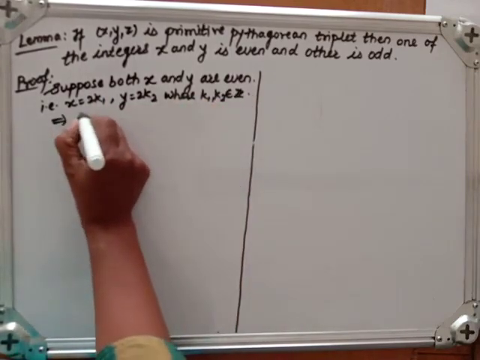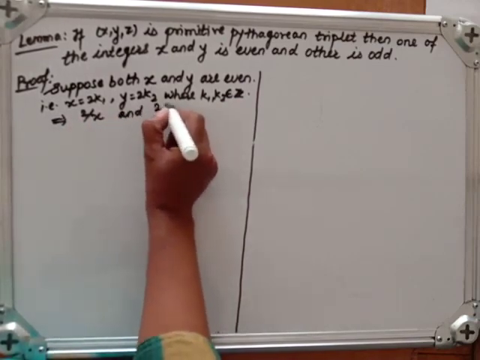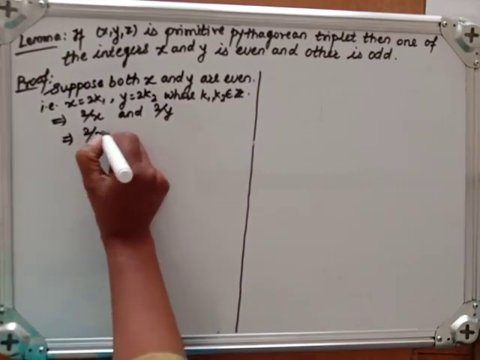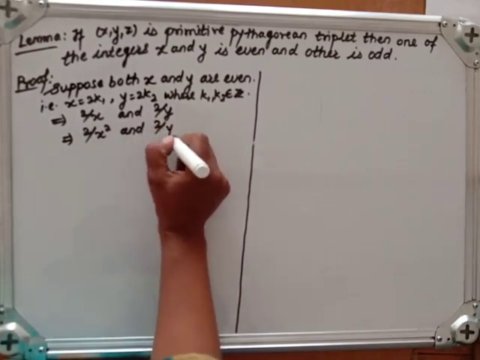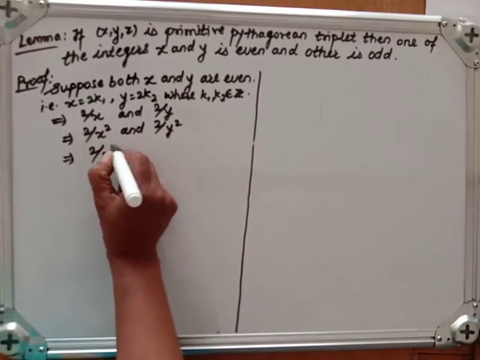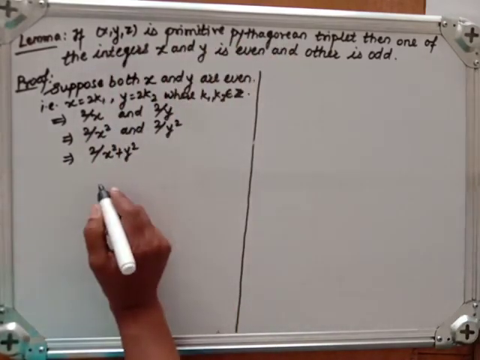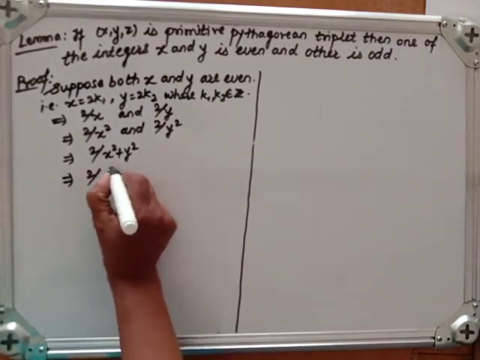This implies 2 divides x and 2 divides y. That is, 2 divides x square and 2 divides y square. That is, 2 divides x square plus y square, and x, y, z is a primitive Pythagorean triplet. So 2 divides z square.